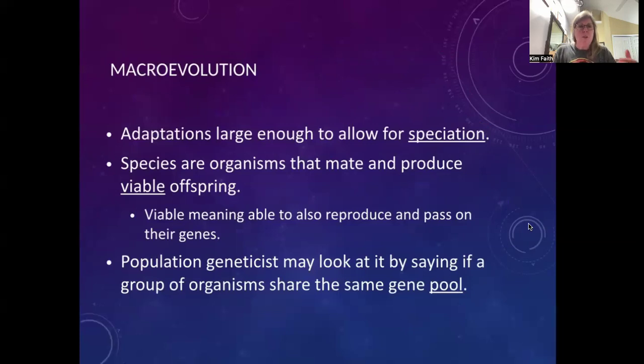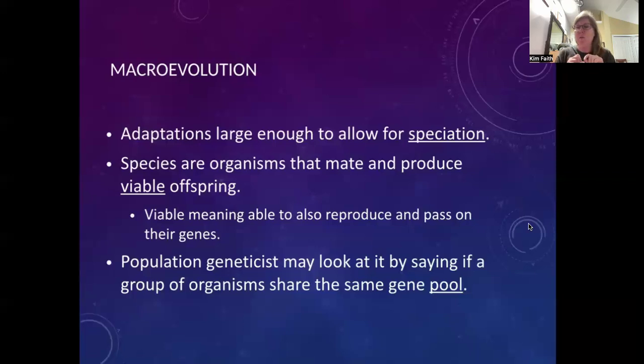So it's like if you cross a horse with a donkey, you get a mule. Now you say, well, then horses and donkeys must be the same species. They are not. Yes, they reproduce. Yes, their offspring is viable, living, but they are sterile.